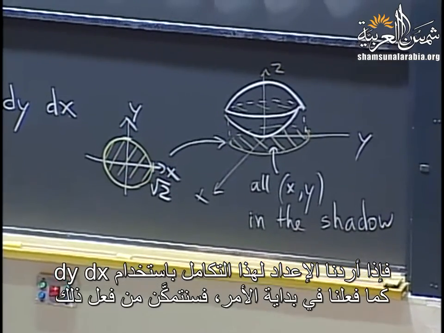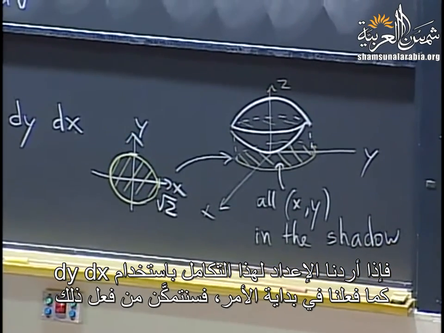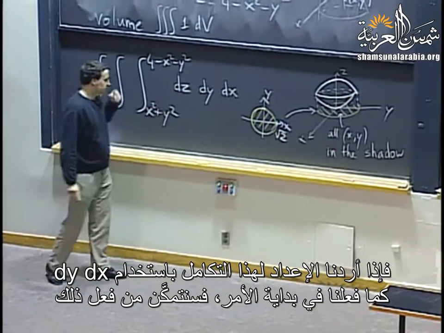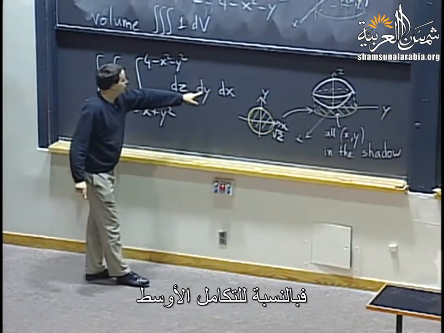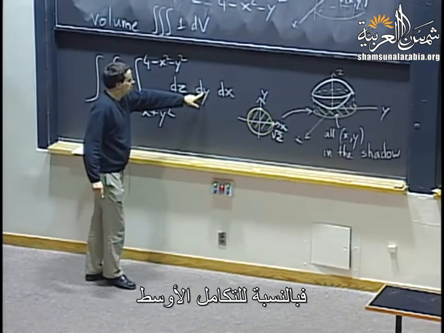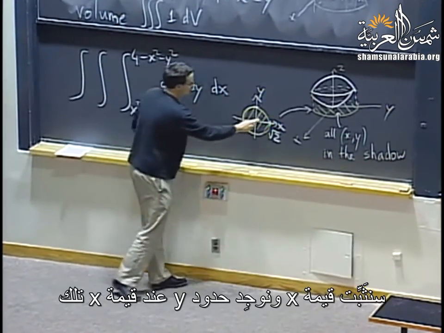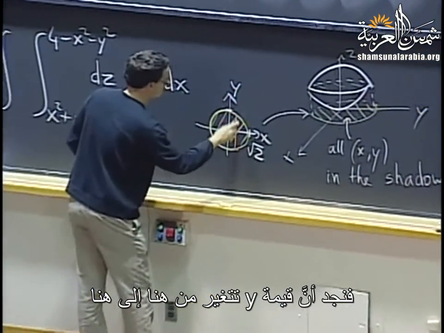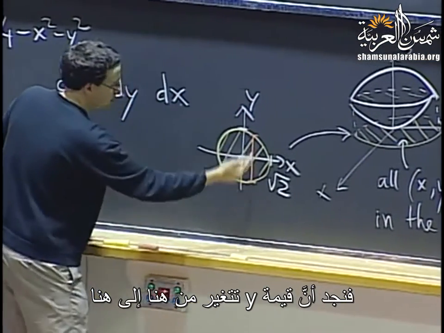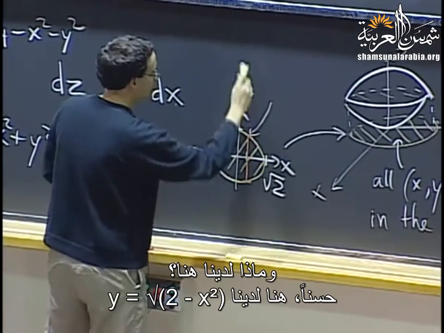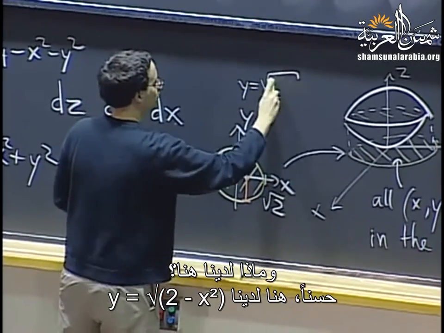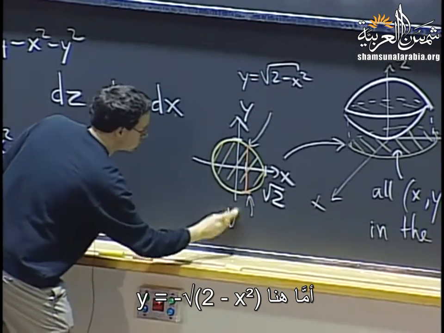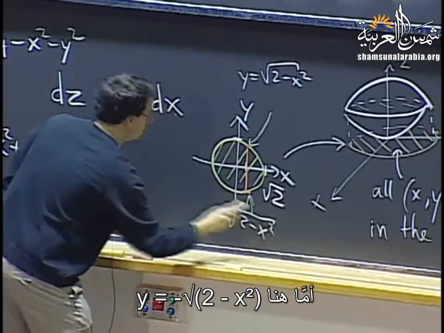So if we really want to set it up using dy dx, like I started, then we can do it. For the middle integral, we want to fix a value of x, and for that fixed value of x, we want to figure out the bounds for y. Well, y goes from here to here. Here, y is square root of 2 minus x squared, and here it's negative square root of 2 minus x squared.